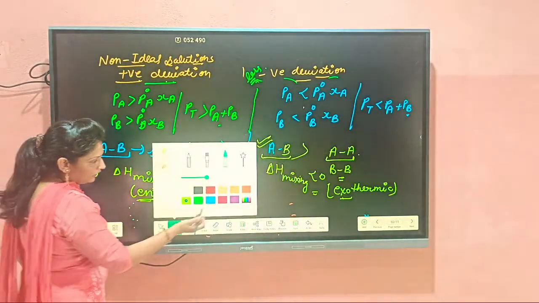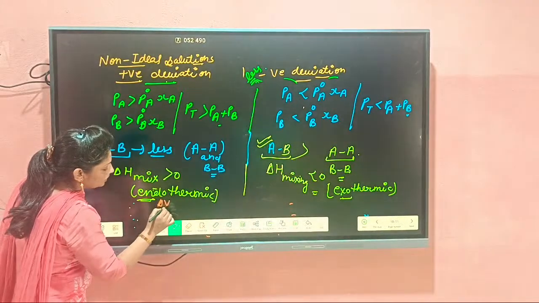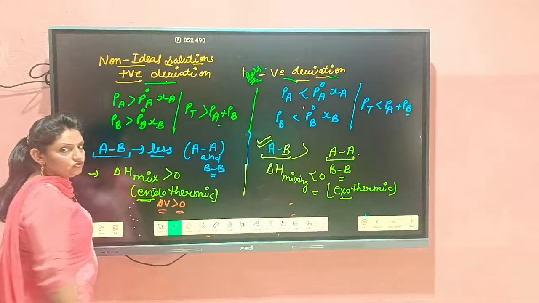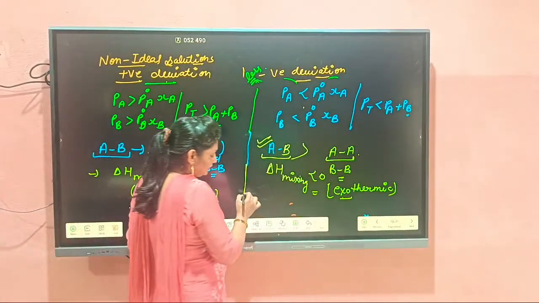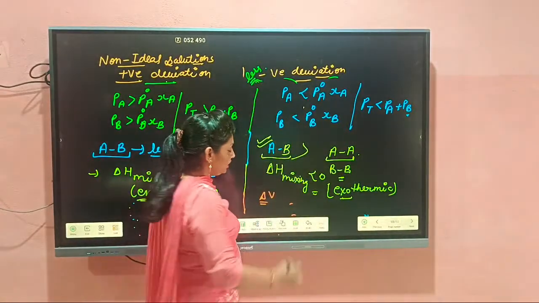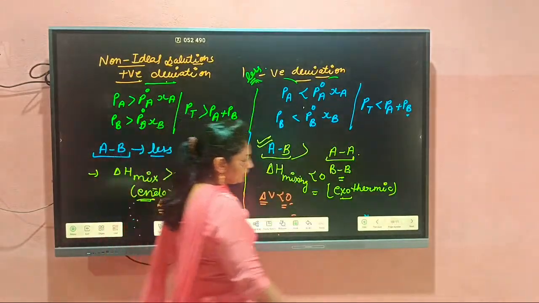Here in case of positive deviation, delta V, change in volume, is also greater than 0. And in case of negative deviation, it is less than 0. Okay, students.